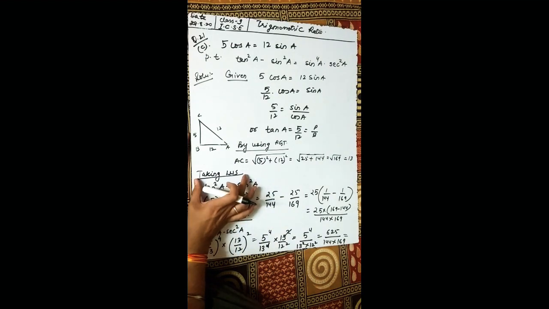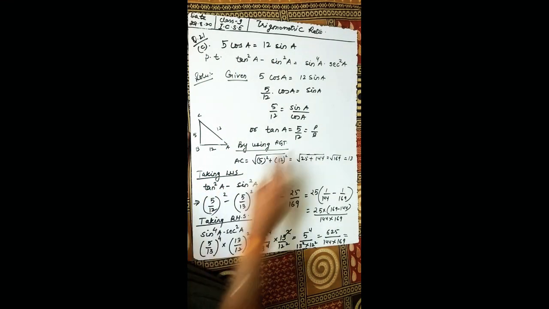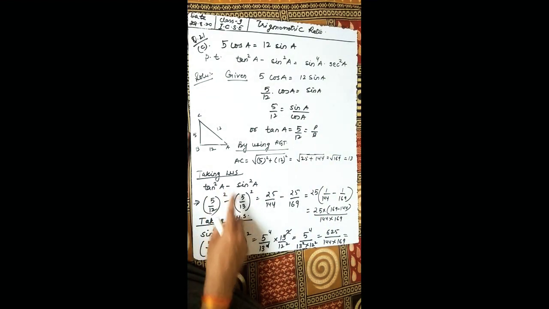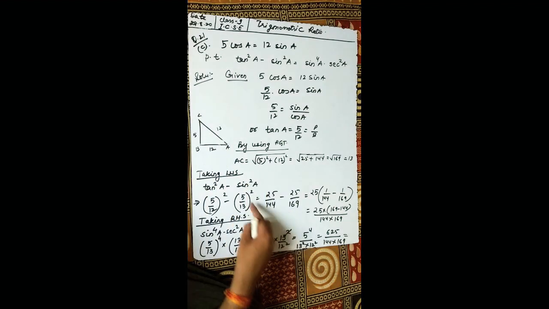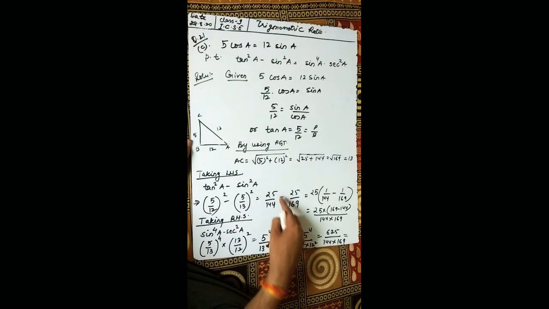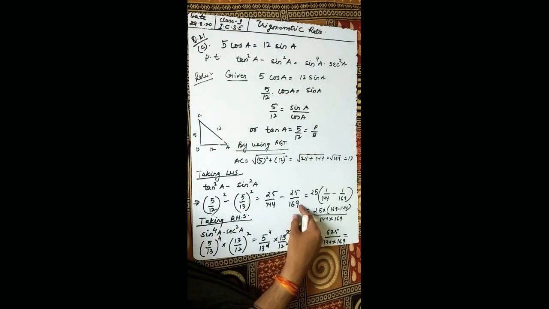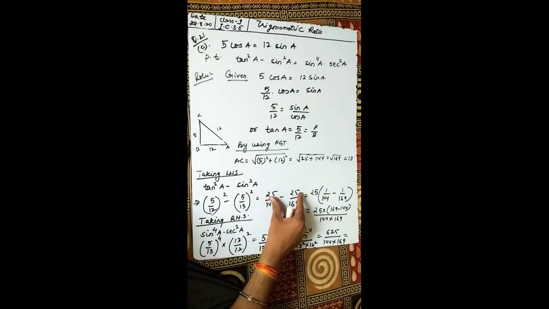Now taking LHS, tan square A minus sin square A. We already have the value of tan, 5 by 12 the whole square, minus sin is what? Perpendicular upon hypotenuse, so 5 upon 13 the square. So 5 upon 12 the square will give you 25 upon 144, minus 25 upon 169. Now you can directly do the cross multiplication method, or else you can do one smart work as take 25 common from both of the numerators.